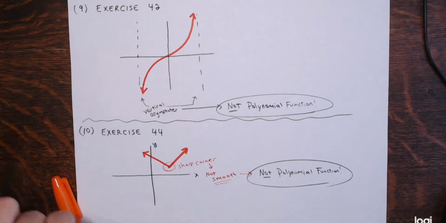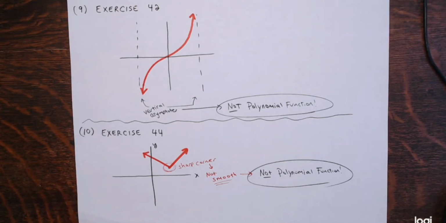So keep all that in mind, and hopefully, watching me go over these examples helps you in some way when you're asked to identify if a graph is the graph of a polynomial function or not. All right, and thank you very much for watching.